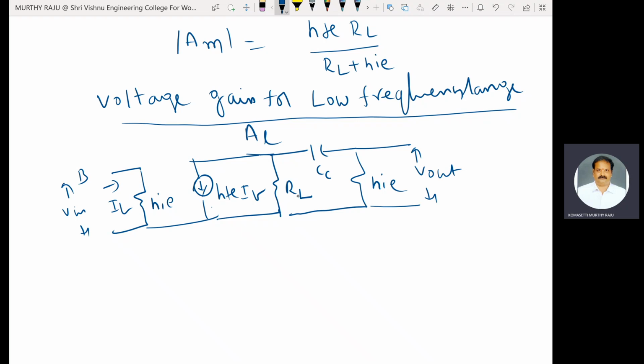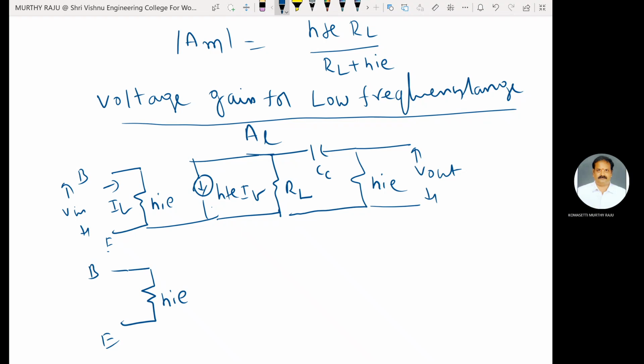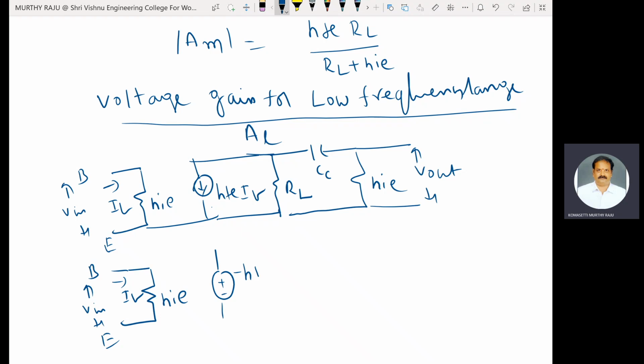A current source in parallel with RL is replaced with a voltage source in series with resistance. Therefore, HIE, base, emitter, IB, V in, plus minus HFE IB RL.